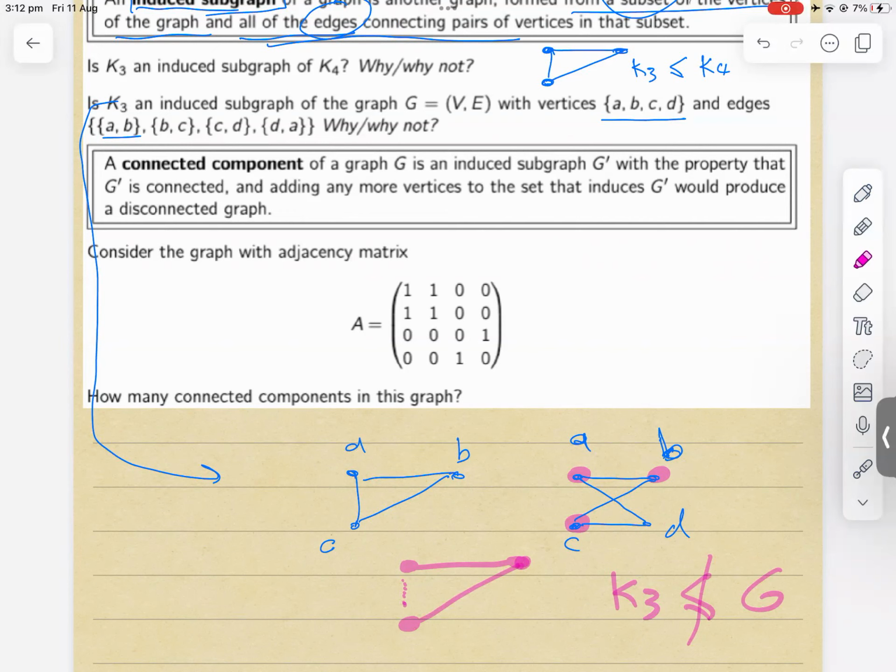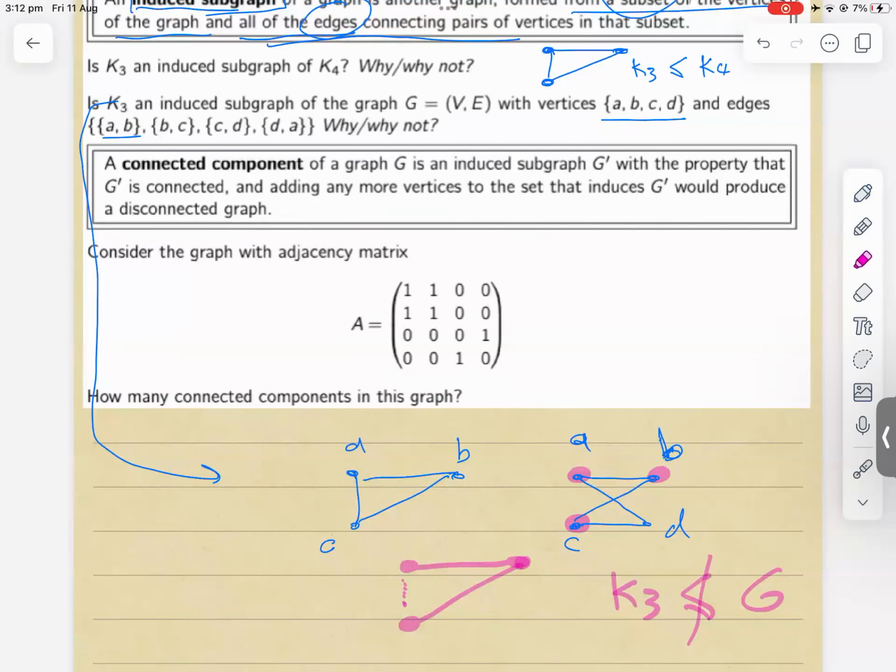Is there any question about this? Okay. See, this is K3. We want to say that this is an induced subgraph. Sometimes when you talk, I lose concentration to explain. All right. This is K3.